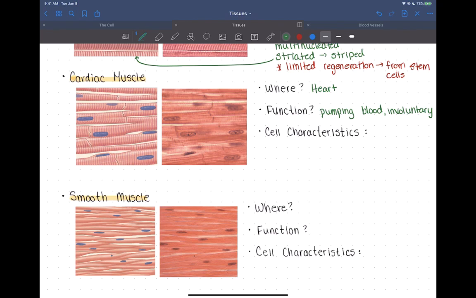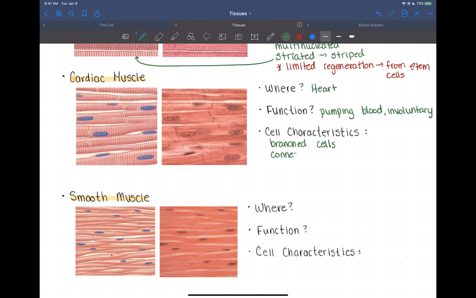Okay, so then cell characteristics for these cardiac muscle cells. They are branched cells. All right, so let's look at that. Let's say this is one cell here, all right? And it branches off into two little branches that connect to another cell. So this cell also has two branches here. All right, so they have little branches coming off. So they're branched cells, and they're connected by special cell junctions.